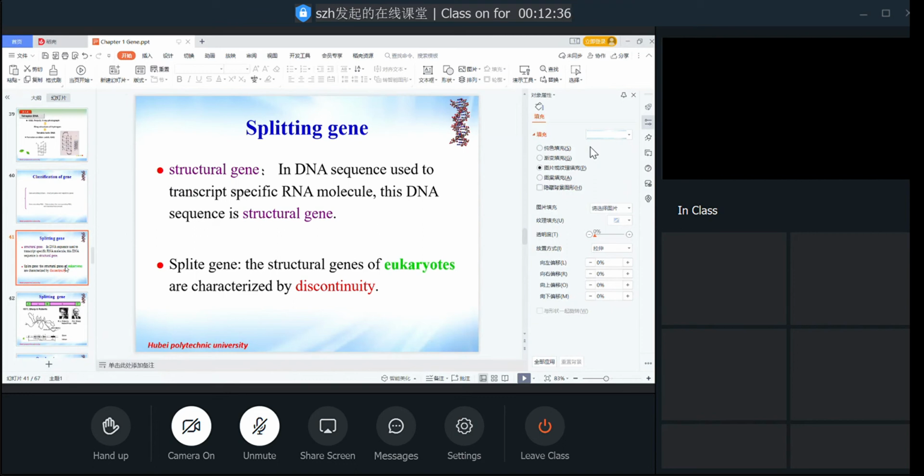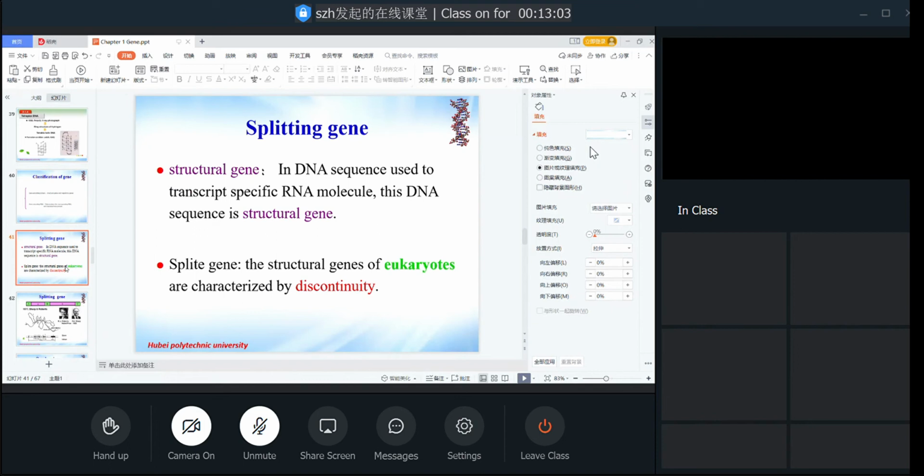maybe students think about prokaryotic organisms. How about the structure? In prokaryotic organisms, the structural genes are continuous. They never produce splicing genes.